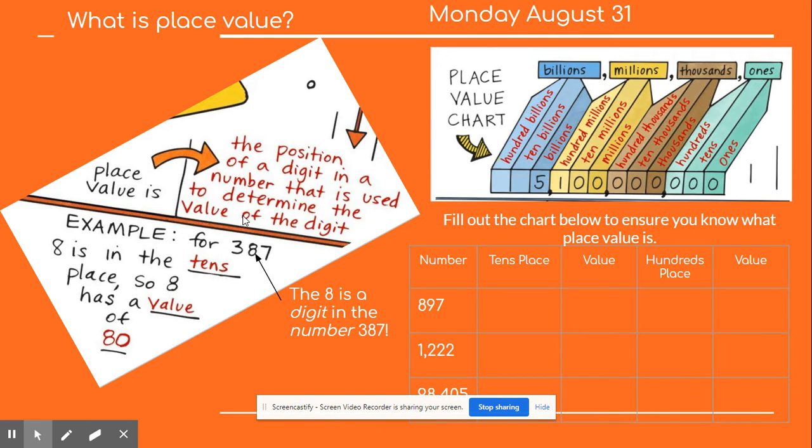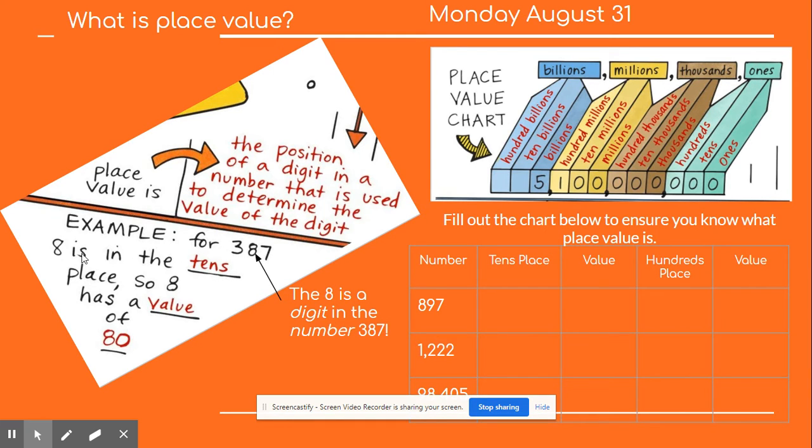So, for example, if I have the number 387, the 8 here is a digit, the 7 is a digit, and 3 is a digit. 387 is the number. So a number is composed of digits, okay?